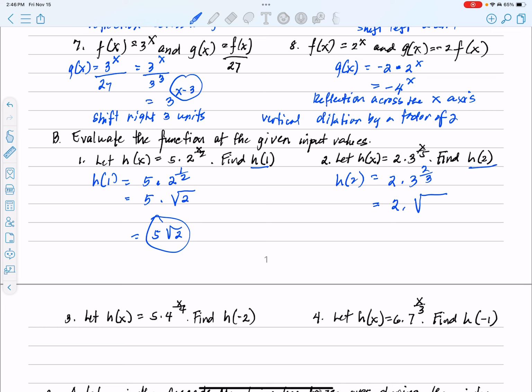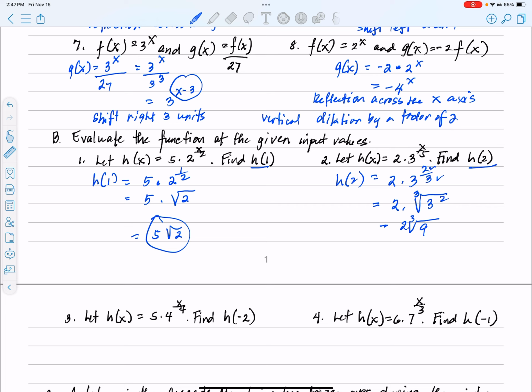This will be the cube root of 3 raised to the second power. The denominator pertains to the root, the numerator is our exponent.